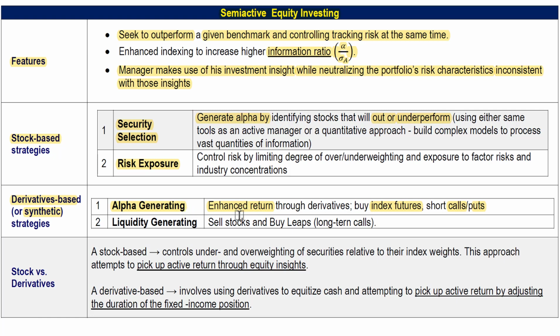On the other side, if you want to generate some alpha, but at the same time you want to keep the liquidity, you can say, okay, now because the market is crashing, if I sell the stock, I will never get back my holding, but I need the cash. So what I do here is I sell the stocks, but at the same time I buy a long-term call option, because a long-term call option is cheaper.